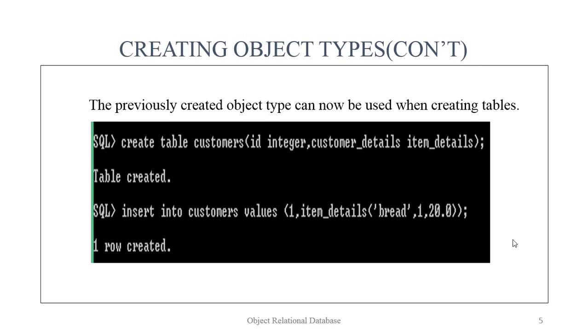As the object type item details is created explicitly, it can be concurrently used by many users and hence in many relations. This implements features such as polymorphism and concurrent usage. In order to create relations which use object types and insert values into them, syntax should be as shown in the example.